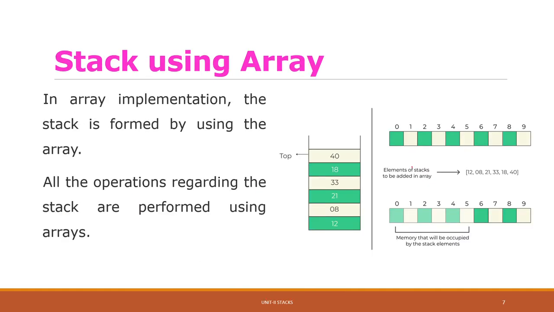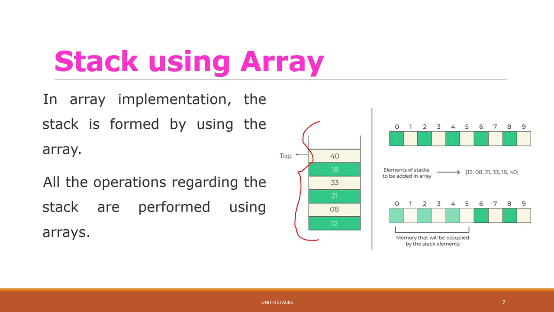Next we are going to see stack using array. In the stack, we are going to perform the implementation like stack using array and stack using linked list. Now we are going to discuss stack using array. All the elements in the stack will be stored in another type of data structure called an array. Suppose this is the stack.